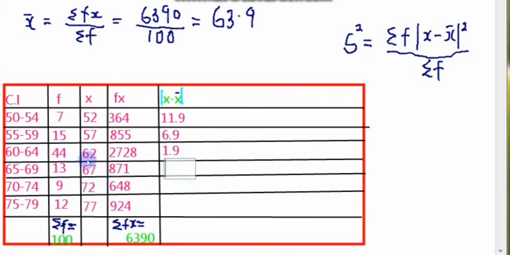In the fourth row, we have 67 minus 63.9. This will now be 3.1. 72 minus 63.9 is 8.1. 77 minus 63.9 will give us 13.1.